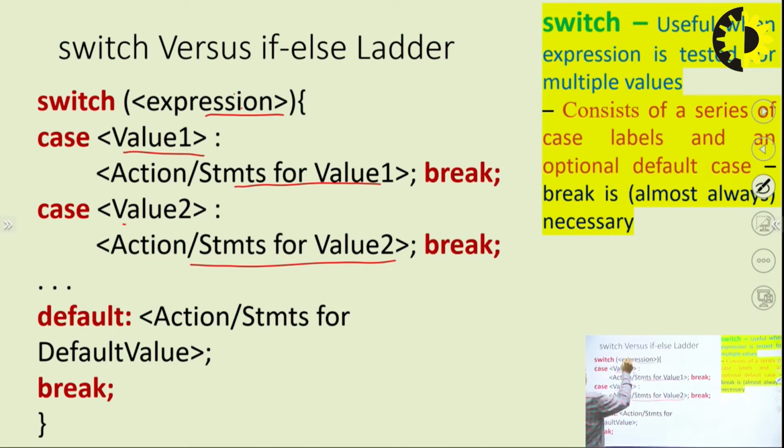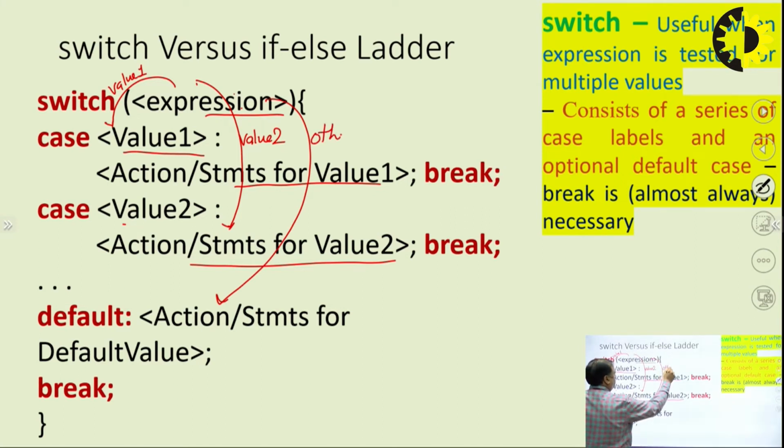So that means if the value 1 is there, it is coming here; if value 2 is there, it is coming here.